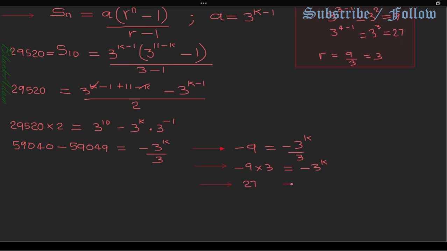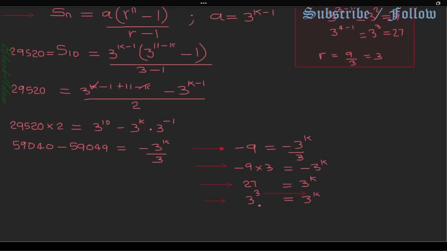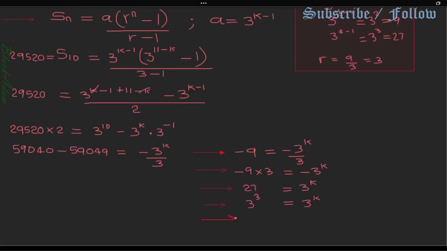So that will give us 27 equals 3 to the power k, as the negative on both sides cancels out and becomes positive. So 3 to the power 3 is 27, and that equals 3 to the power k. The base is the same, so the exponent has to be the same. So that means we have k equals 3.